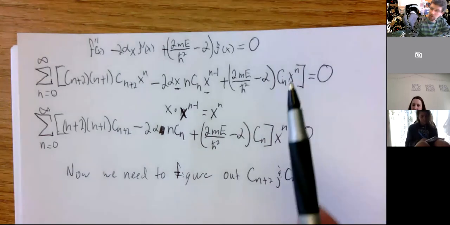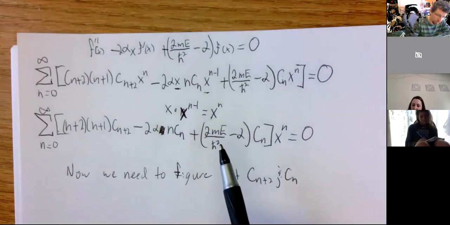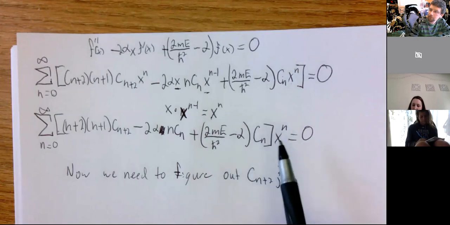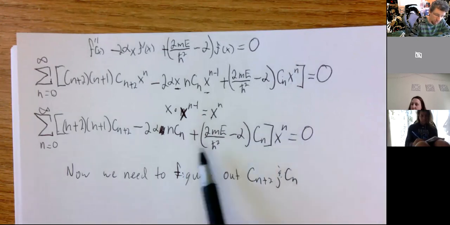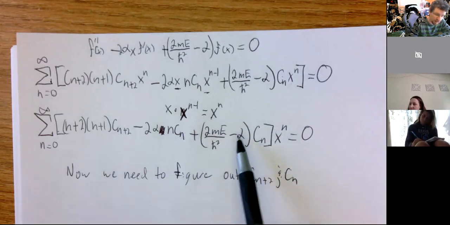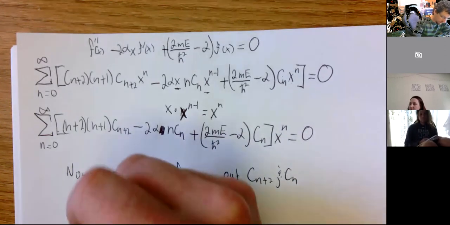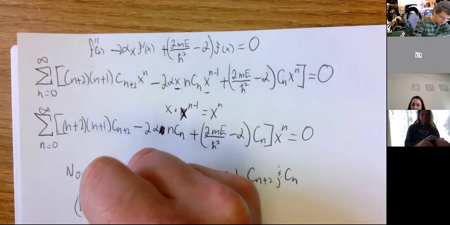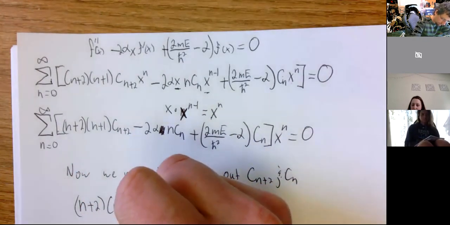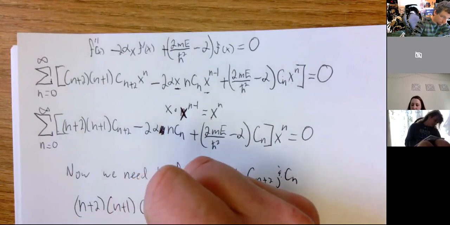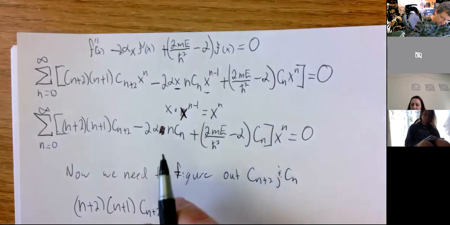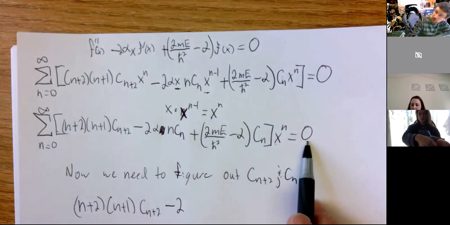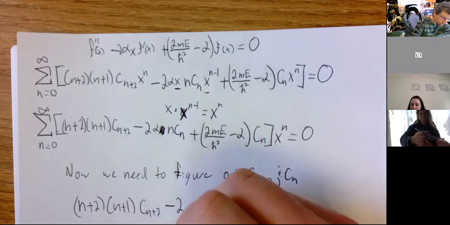Okay, so we have an expression, and we can get rid of that x^n and have everything in terms of Cn, plus 1, Cn plus 2. Basically, it's all this stuff, but we've set this to 0.